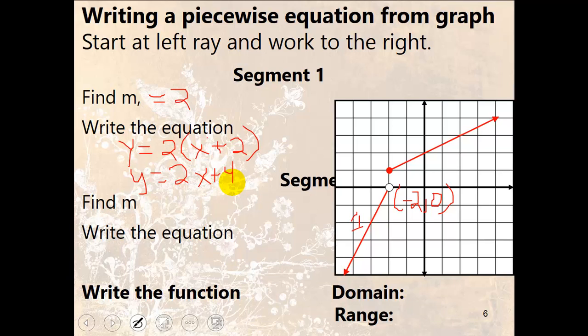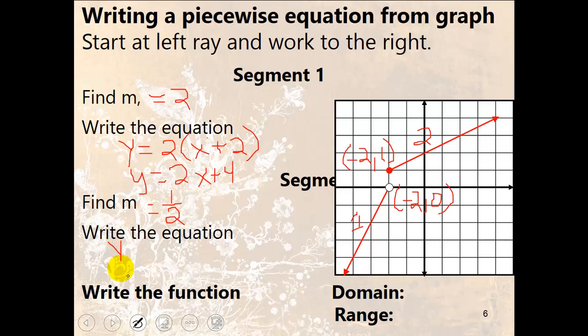Now for the second segment, this is segment 2. Sorry, that should be over. Segment 2. I'm going to go up 1 over 2. So my rise over run is a half. So this is 1/2. Okay. And then I'm going to write an equation. So I'm going to pull this point right here, which is negative 2, positive 1.